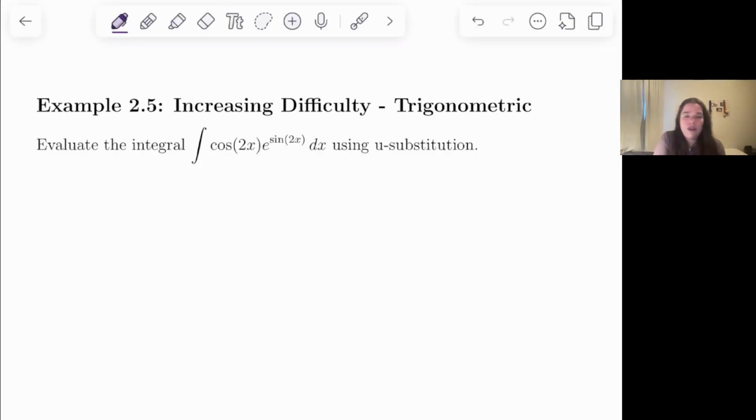So this 2.5 example, exactly what it says, increasing in difficulty with some trigonometric functions. Evaluate the integral using U substitution. This is a great problem because, if we're going to use U sub, we're looking for some function and some version of its derivative present.